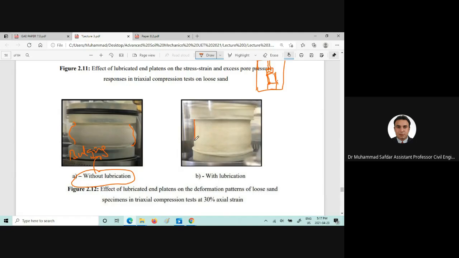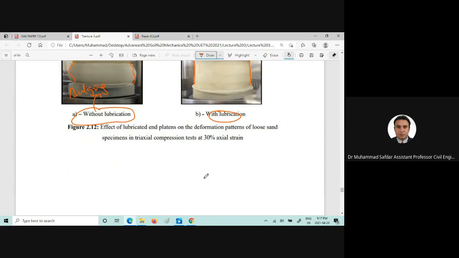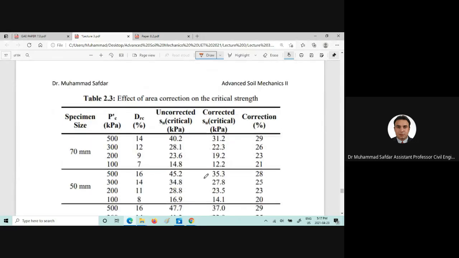You can see a kind of bulging behavior without lubrication, and a stiffer kind of response with lubrication, removing the friction between the end platens and the different kinds of frictional losses. Anyway, these are areas you can explore. These are coming to my mind, so you can explore different areas of research from the internet and from reading various research papers.